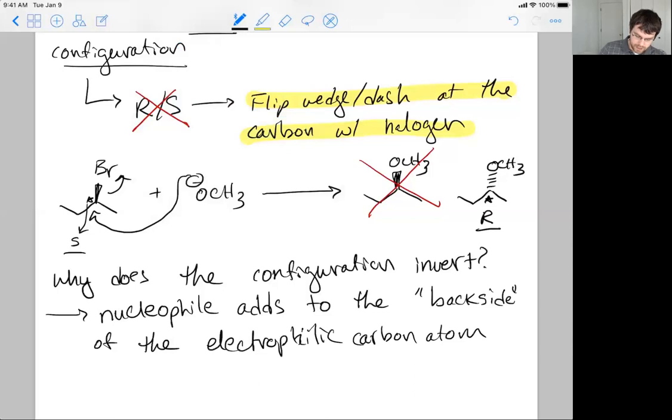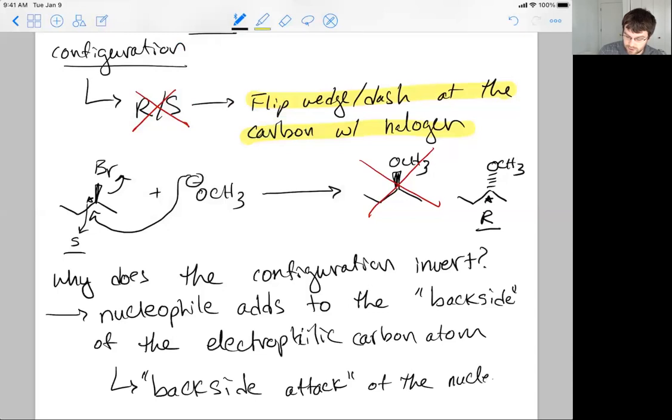Adds to the backside of the electrophilic carbon atom. Another word that we use is backside attack. And again, I didn't make this up: backside attack of the nucleophile leads to inversion of configuration.